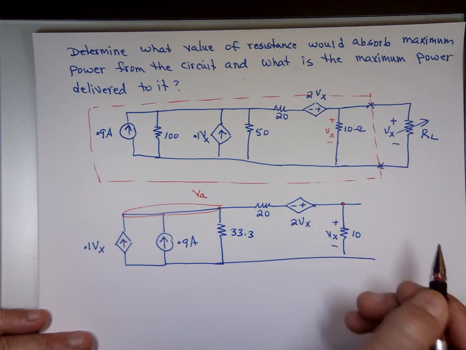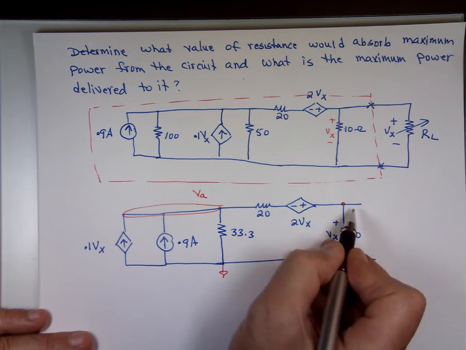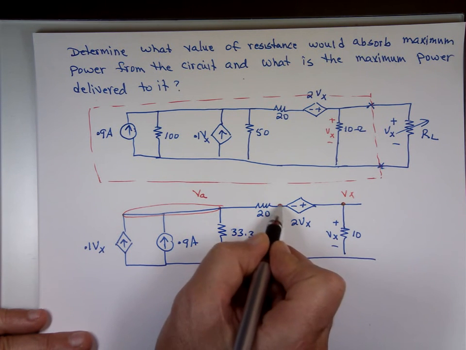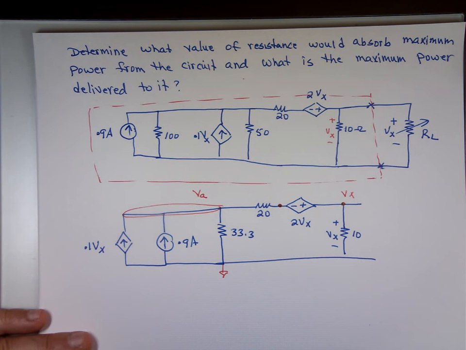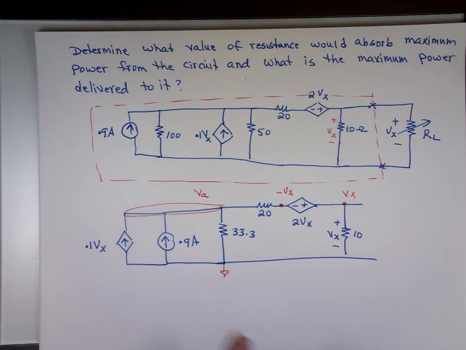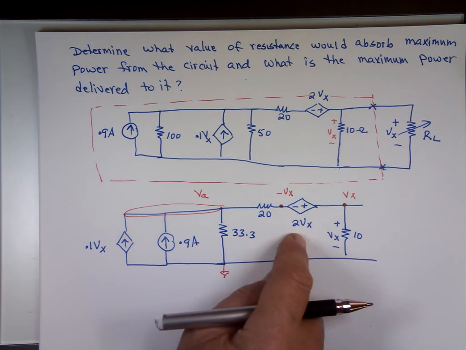No. If this is your ground here, what is that voltage? Vx. Do we know what the voltage here is? Negative Vx. Yes. Negative Vx, because this end is 2Vx lower than that one. So whatever this is, subtract from it 2Vx. That's a negative Vx.